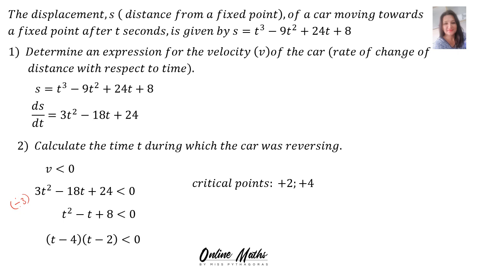Then we make a help sketch with the two critical points at 2 and 4. Since all of this is smaller than 0, we will find the answer in between 2 and 4. Therefore, that's your answer: t is smaller than 4 and t is greater than 2.